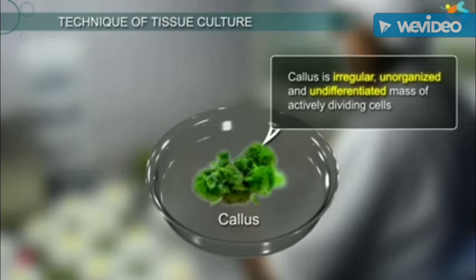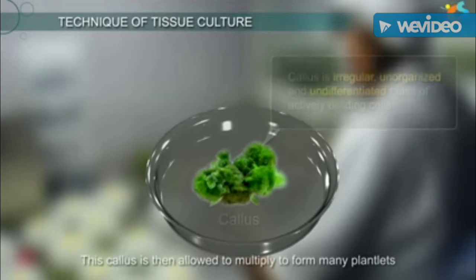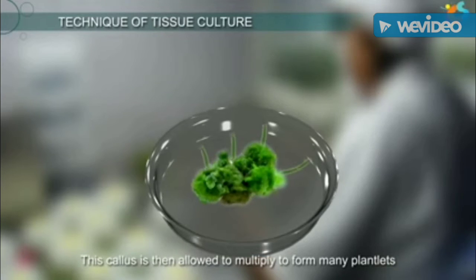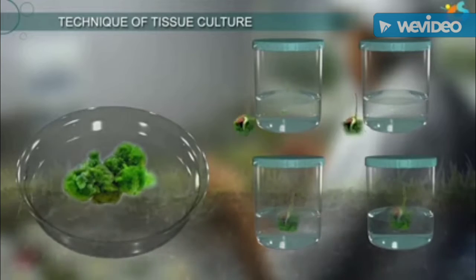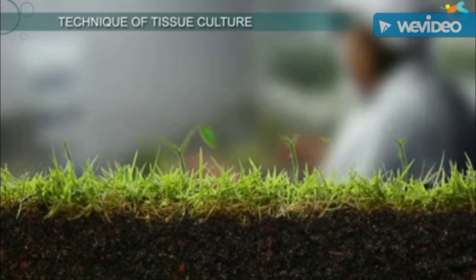Callus is an irregular, unorganized, and undifferentiated mass of actively dividing cells. This callus is then allowed to multiply to form many plantlets, which are then transferred to a different container for rapid multiplication. Finally, the developed plantlets are transplanted to the soil for normal growth.